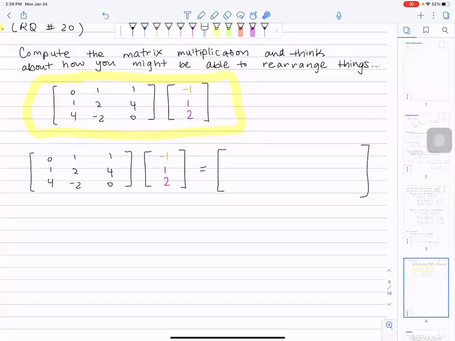But is there another way to write it so that you're not actually multiplying each thing, adding, multiply, add, multiply, add? And maybe to help you, you can write out what you would do to actually multiply it and see if you notice any patterns when you're writing out every term.